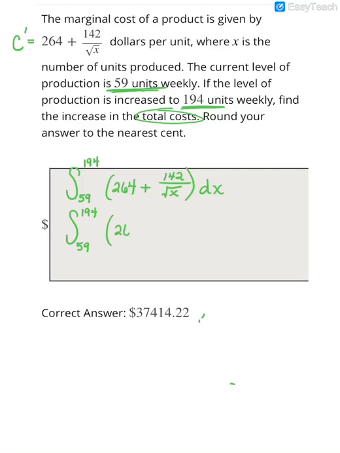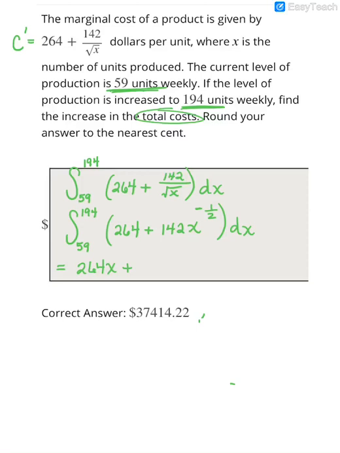So we've got a 264. We're going to pull the square root up to the top as well. So the square root of x is going to be x to the 1/2 power, but since it was on the bottom, that will make it a -1/2 power. So now I am ready to integrate. So the integral of 264 becomes 264 times x.